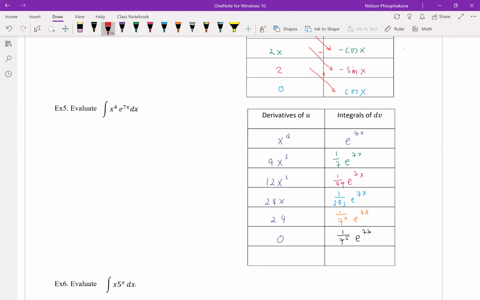Okay, so again, remember to this one plus, minus, plus, minus, plus, okay?